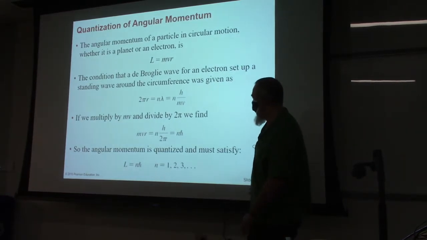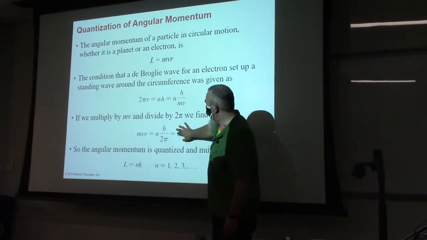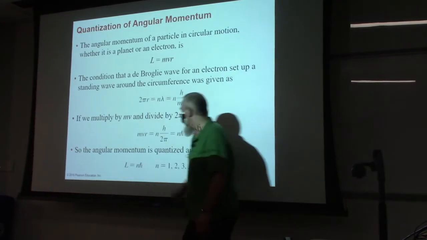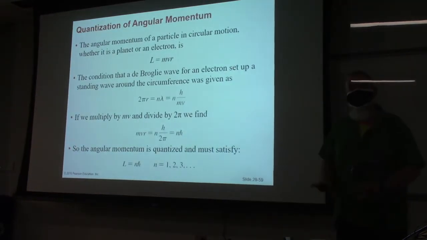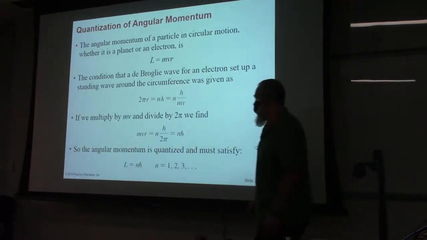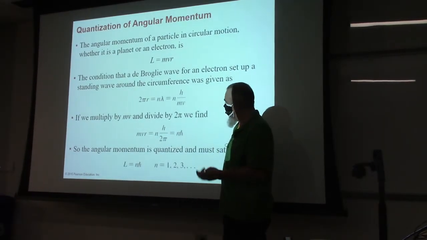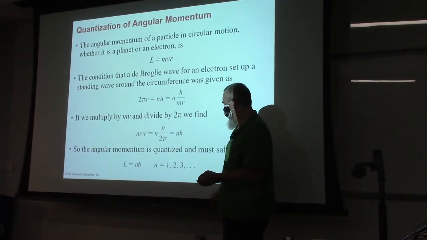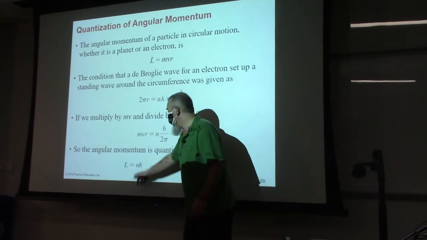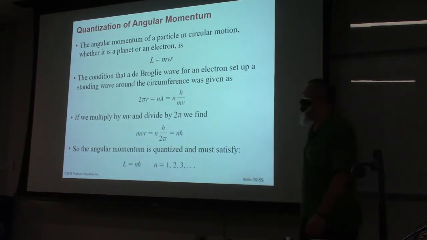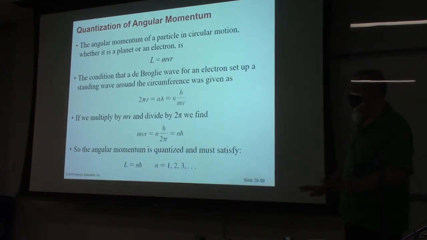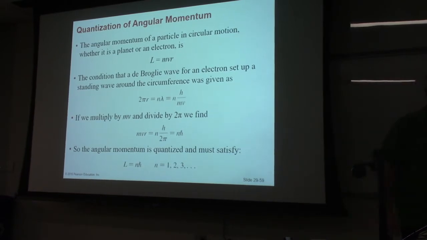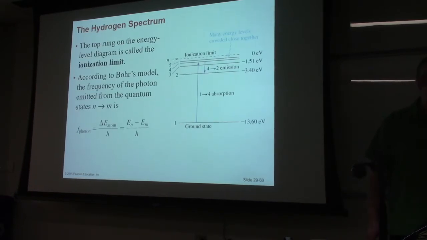Put it all together, and between here and here, you can only have certain values of angular momentum: n times h bar. So energy, speed, distance from the center, and angular momentum, that's what L is, are all quantized. You can only have certain values.